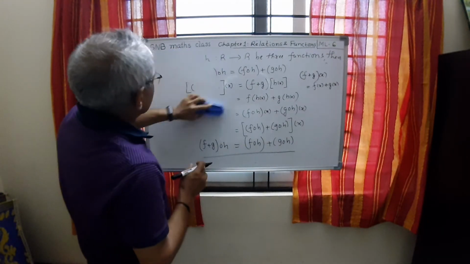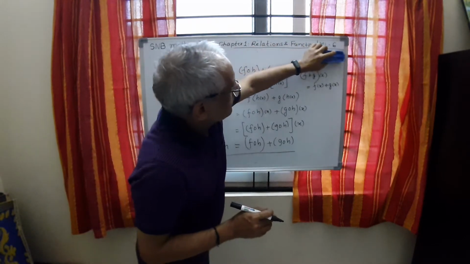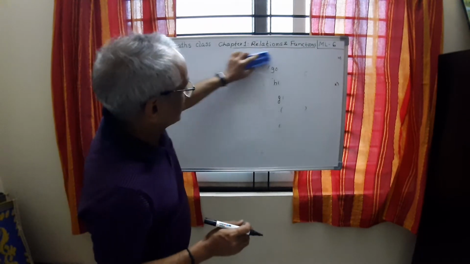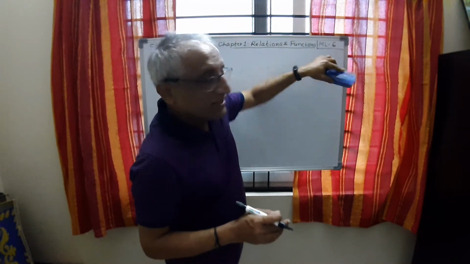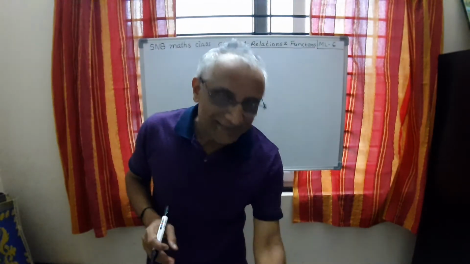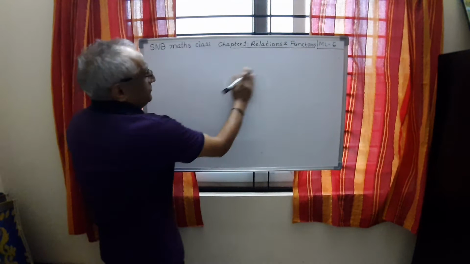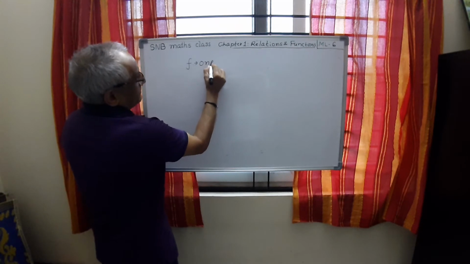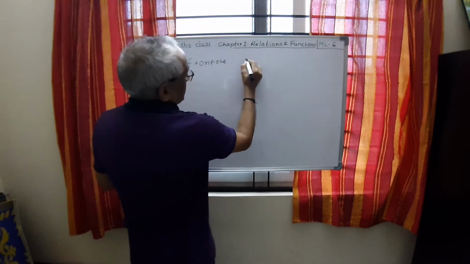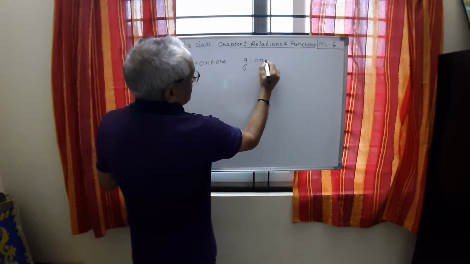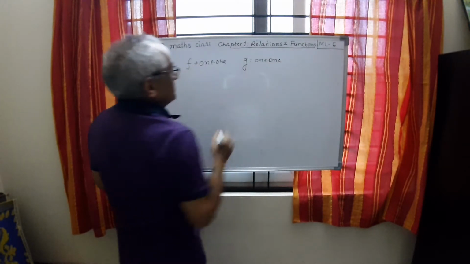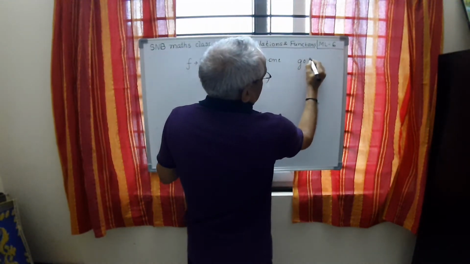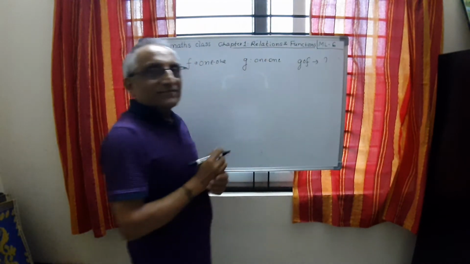Then the next one is, we have studied one-one function and onto function, and we have studied composite function now. Let us combine these two. That is, if you take a function f which is 1-1, and a function g which is 1-1, the question is this: suppose f of g or g of f is defined, is it 1-1?